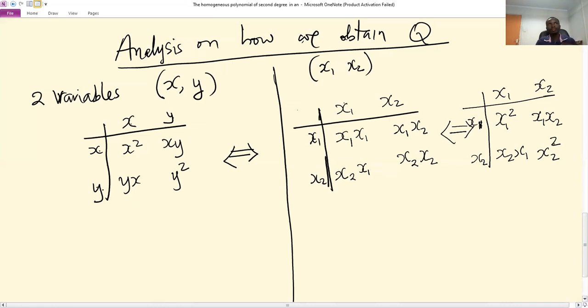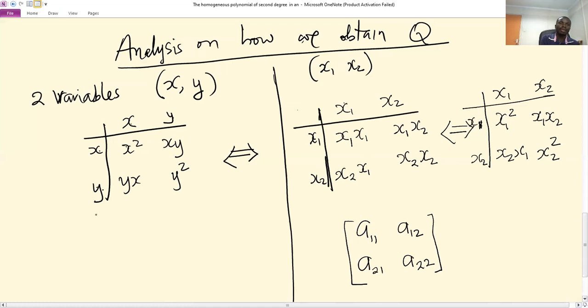If you remember the notation of a matrix, we denote a 2 by 2 matrix by A11, A12, A21, A22. Now in this expression, we might have coefficients.